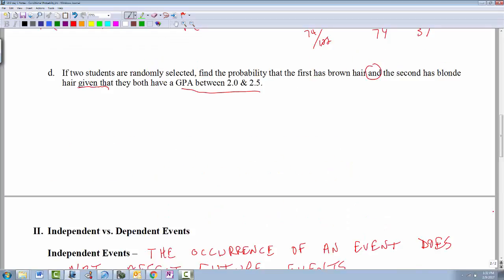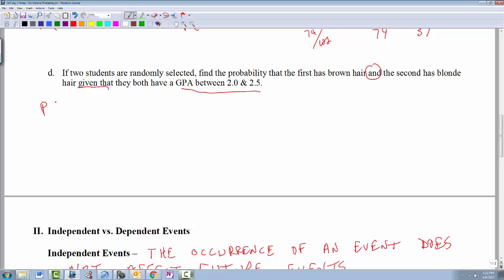Why this is both conditional and a dependent scenario is very simple. You have to think about, after I pick the first student, how many students are there? 102. Then when I go to pick the second student, how many are there? 101. So that's why I wanted to do that. I wanted to make sure you understand that.